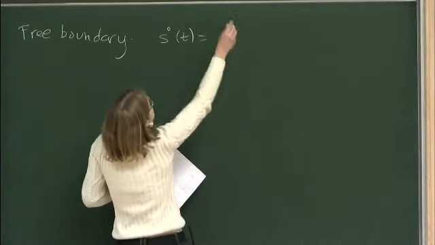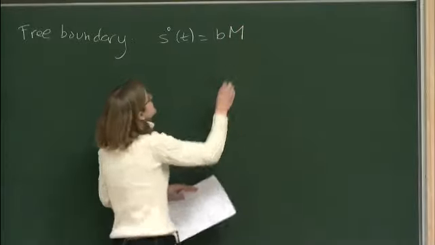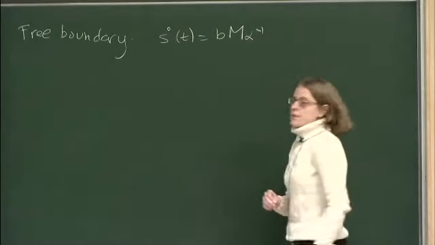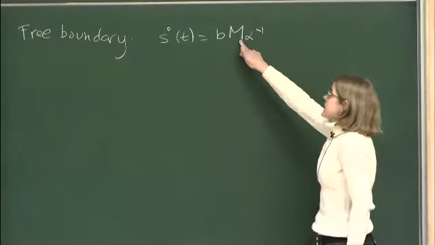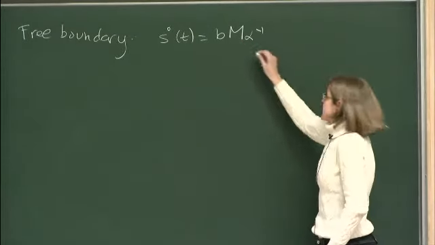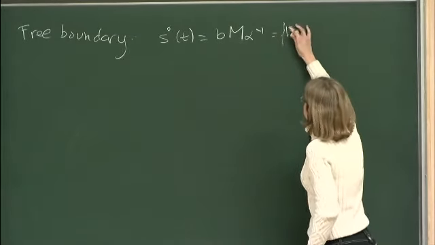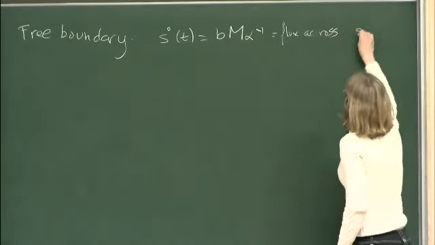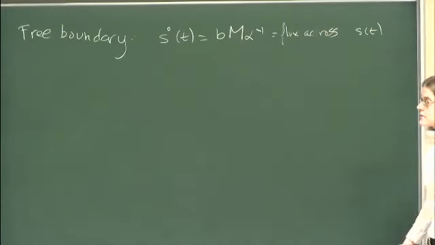So it's precisely dm alpha minus 1. And what was m? It was the flux across the free boundary, across s of t. This tells you that the free boundary is moving at the speed given by the flux. This is the Stefan condition.